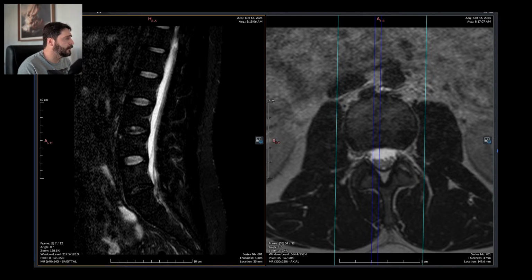And we have a single protruded disc that has a rupture of the annulus fibrosus. And of course we have a transitional vertebra.